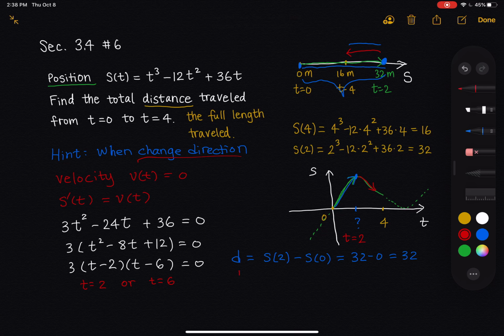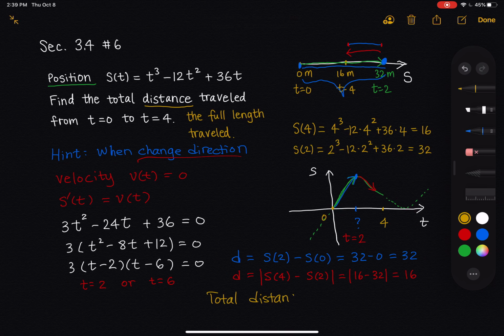Now for the red piece, the distance is from s of 2 to s of 4, or s of 4 minus s of 2. But again, we want the absolute value because it's going toward the negative direction. So we just find 16 minus 32 in absolute value, and that is 16.